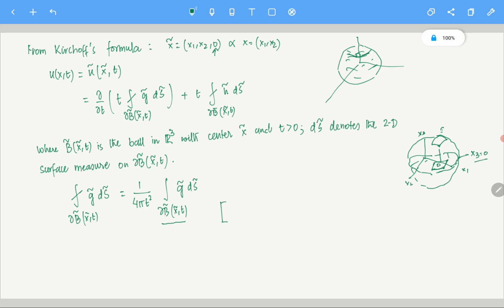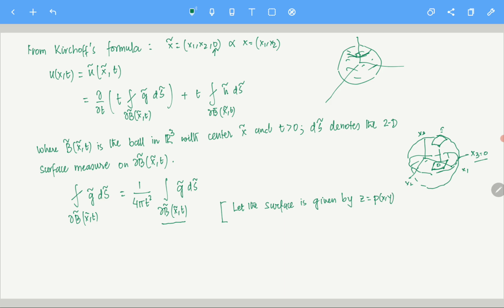I think you guys know this thing, but still let me write it. So the surface integral: let the surface be given by z equals to p of xy, some function of x and y.